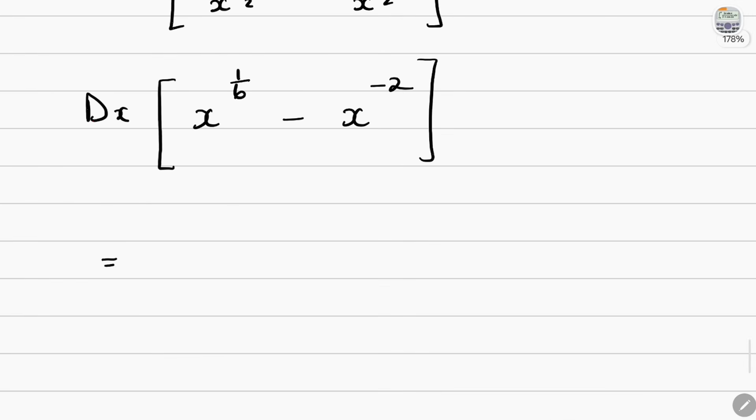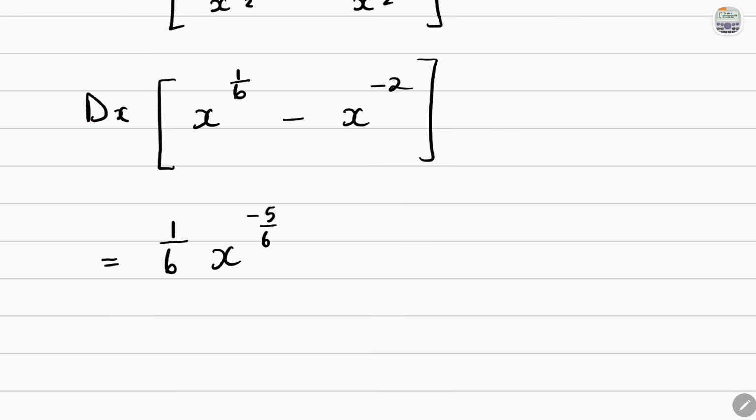So we can say is equal to, and we'll use the rules of differentiation. So it's the coefficient multiplied by the exponent, which is 1 over 6. And then we have x raised to the power of exponent minus 1. We can rewrite this one as 6 over 6. 1 minus 6 is negative 5. So this is negative 5 over 6.